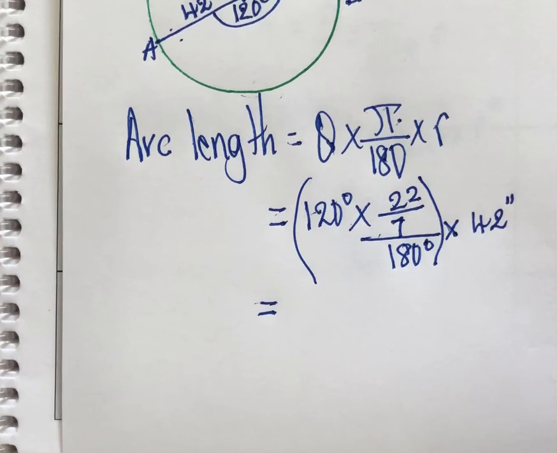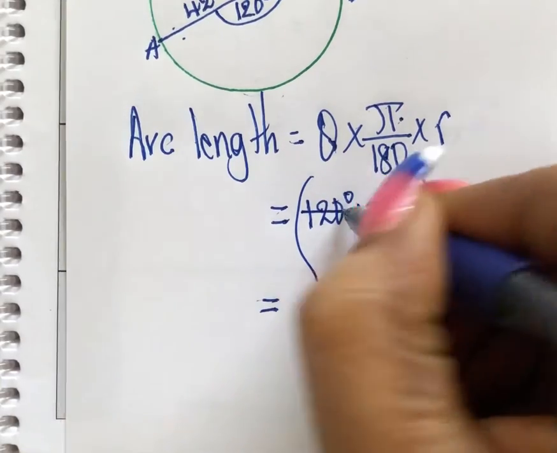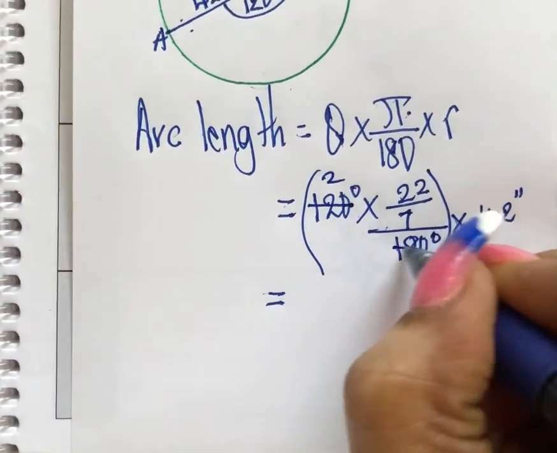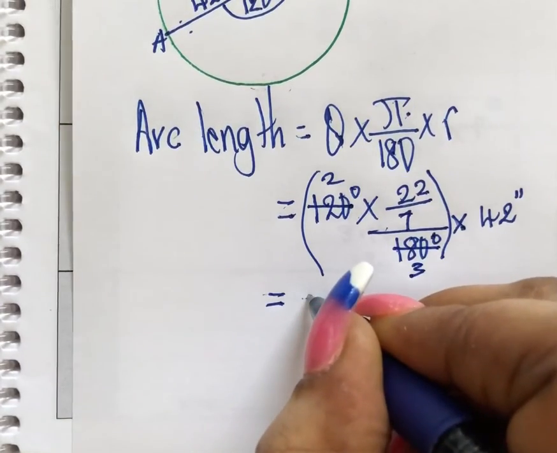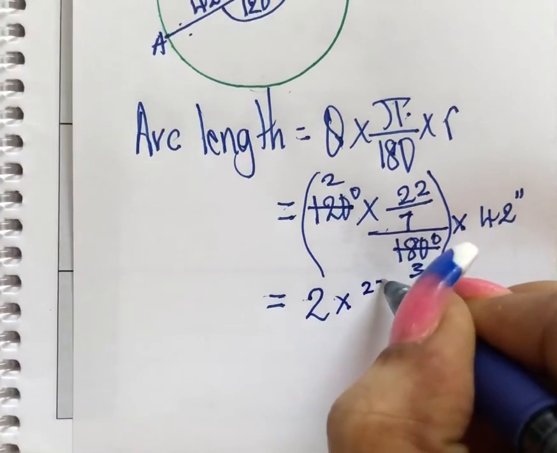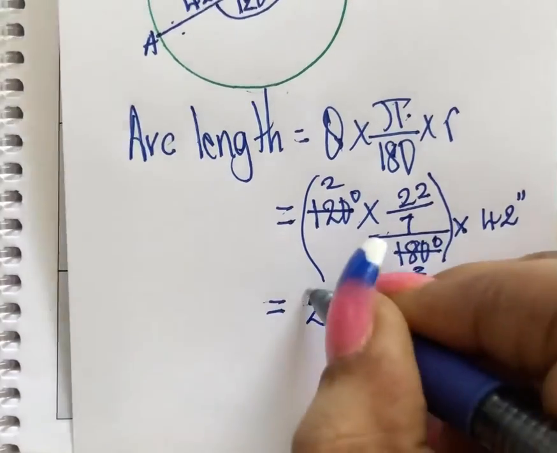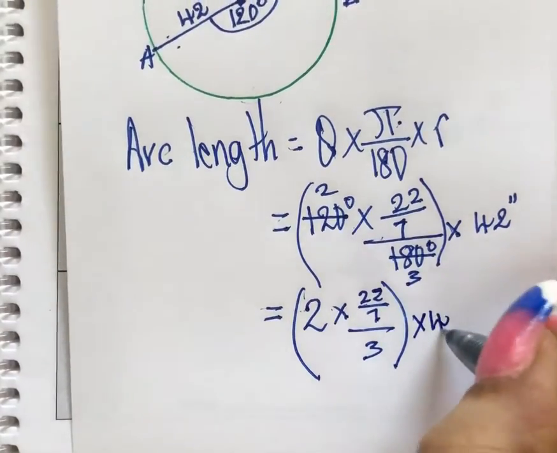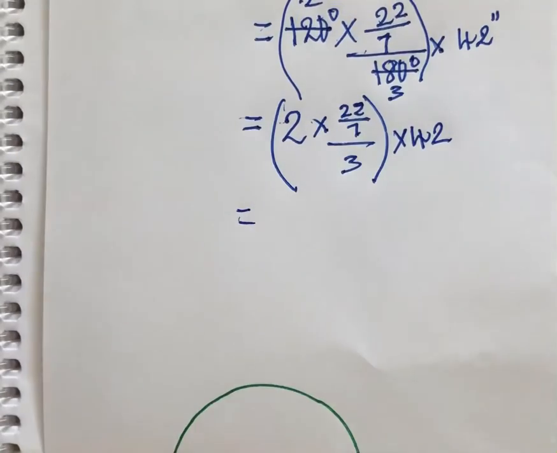We can use 60. 60 into 120 is 2. 60 into 180 is 3. So I make the digits smaller. Remember, any method, once you are logical and correct, it will be accepted. You do not need to use this method, all right? Any logical and correct method will be accepted.